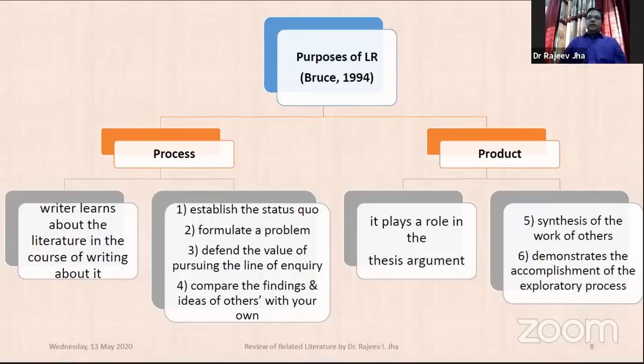Particularly in the process, it establishes the status quo, formulates a problem, defends the value of pursuing the line of inquiry, and compares the findings and ideas of others with your own. Whereas the product purpose of a literature review involves synthesis of the work of others and demonstrates the accomplishment of the exploratory process. Next slide, please.